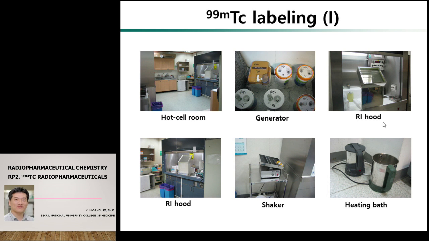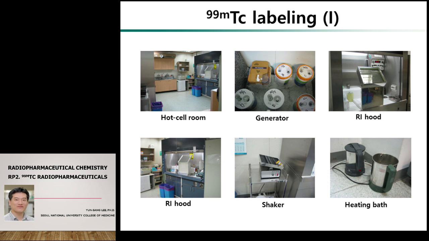But still, we need special equipment or facilities for the technetium labeling procedure. Here you can see our hospital. I think you may know this area. Hot rooms, and also the generator is located in the depicted area, and RI food, and shaker, sometimes heating bath.